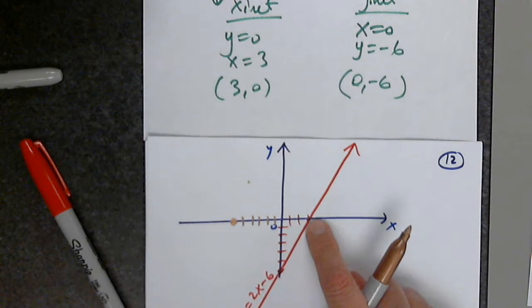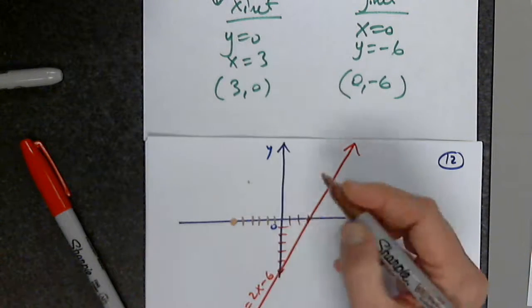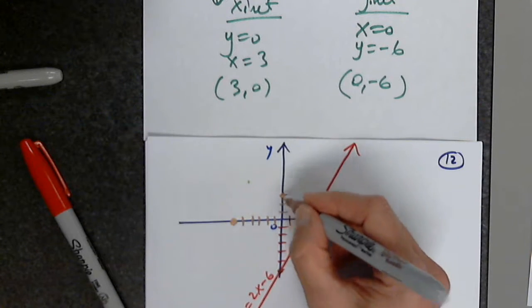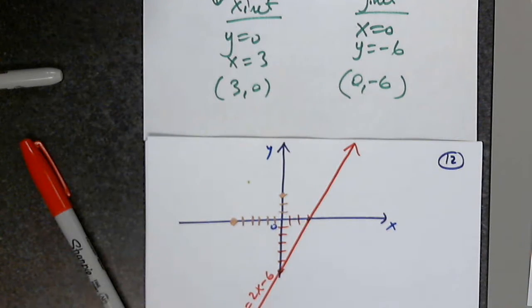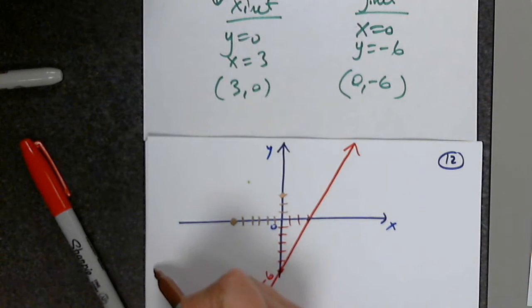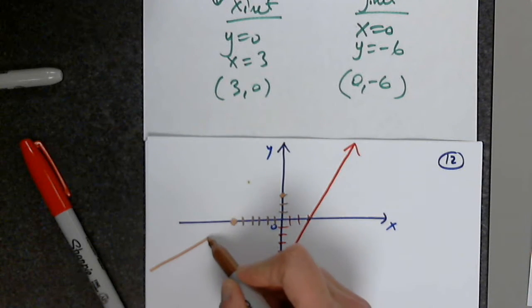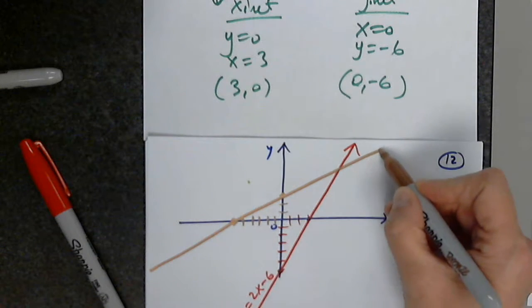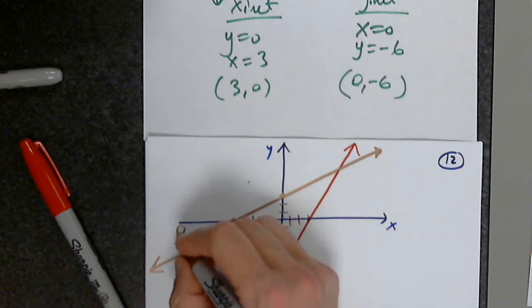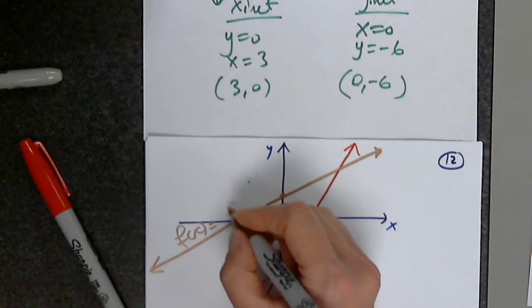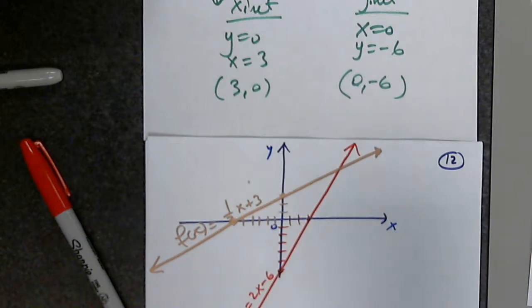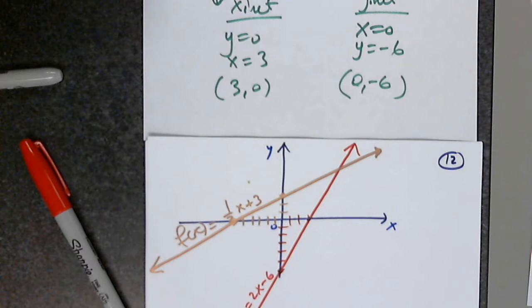And this point from 3, 0 moves at 0, 3. Absolutely. So this will be the function that you came up with, 1/2 x plus 3. Remember, when I have a function, I cannot just say 5, 9 is a point. I have to plug in 5 and get the y value.